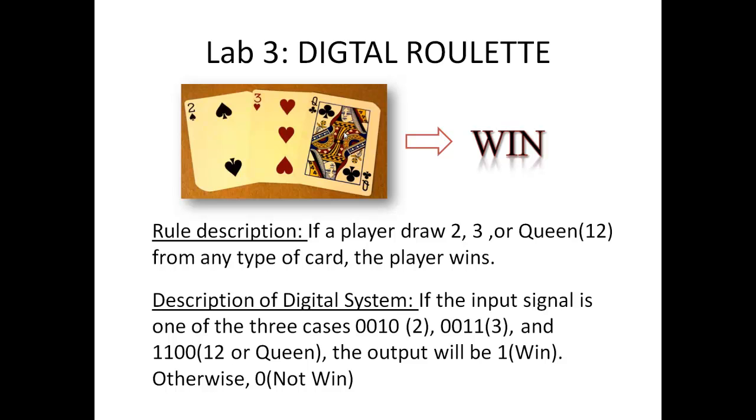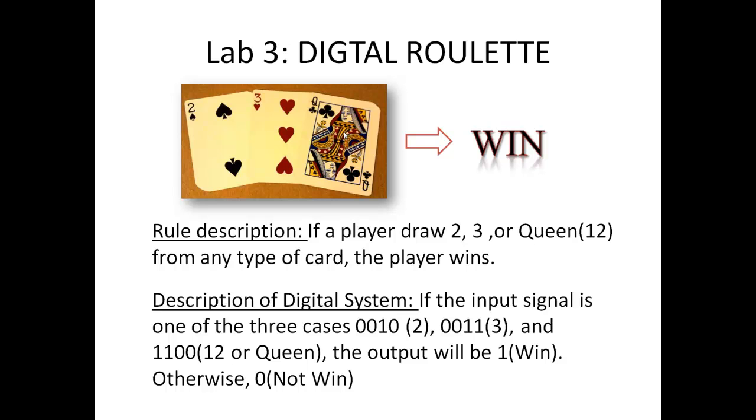This week what we are going to do is create a digital roulette game. The rules of the game are very simple. If a player draws number 2 or 3 or a queen from any type of card, no matter what color or suit it is, the player wins. So this is a very simple game. If any player draws 2, 3 or queen, he or she wins.